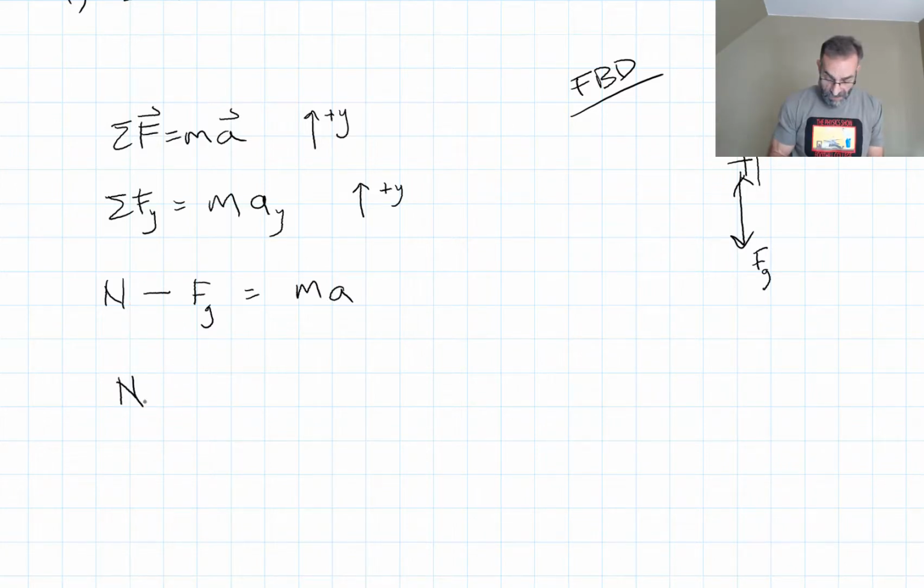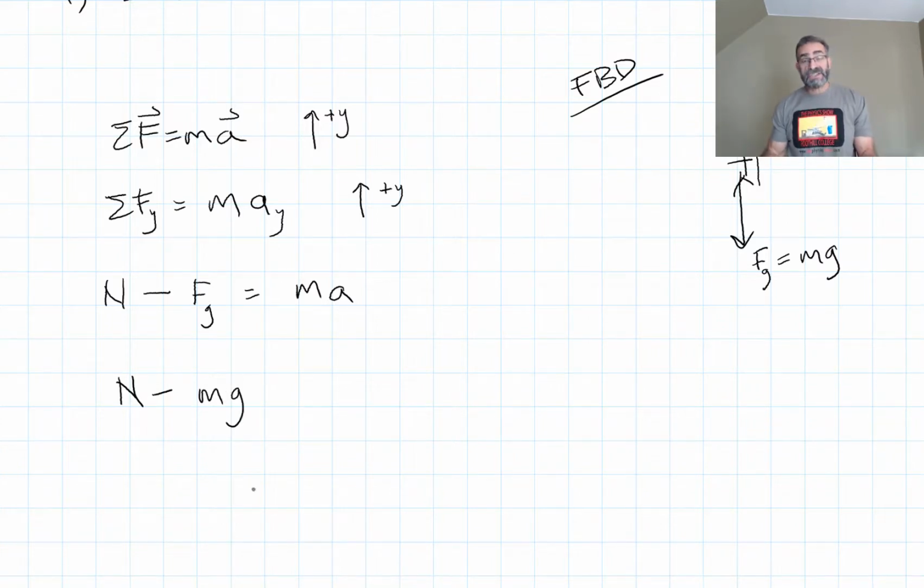So I've got my normal force. What is the force of gravity? That's just equal to the mass times the acceleration of gravity, g. And little g is always positive. If we're using the metric system, it's 9.8 meters per second squared.